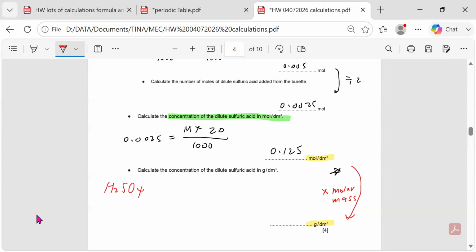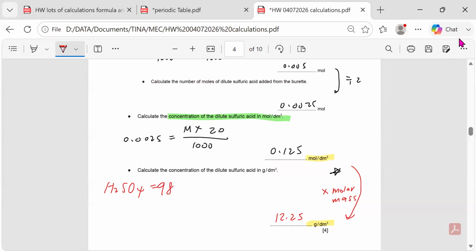How much is it? 98. So you get 12.25. Okay? Get it? It's not that hard.